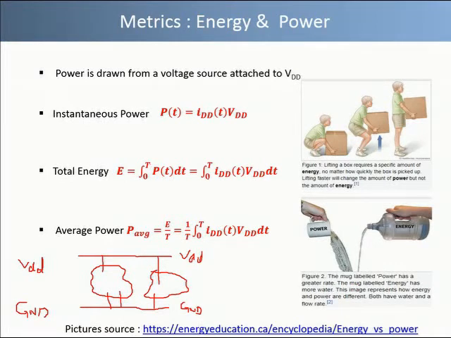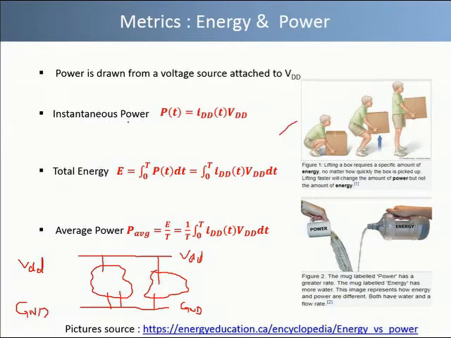This is equal to the integral from 0 to t of the instantaneous current I dt times VDD. It means the instantaneous power, which is the rate of energy consumption at a particular time instance, may be high or low, but the total energy is constant.